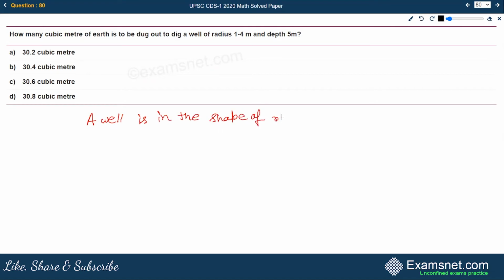So here we are given radius 1.4 meter and depth, that means the height, which we can assume as h, that is 5 meter.